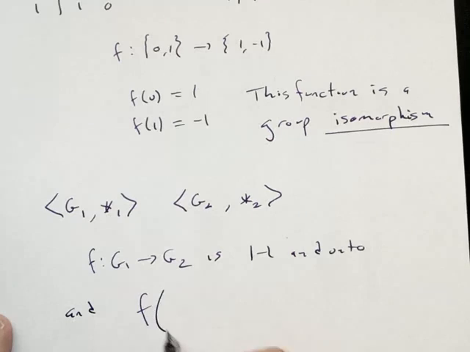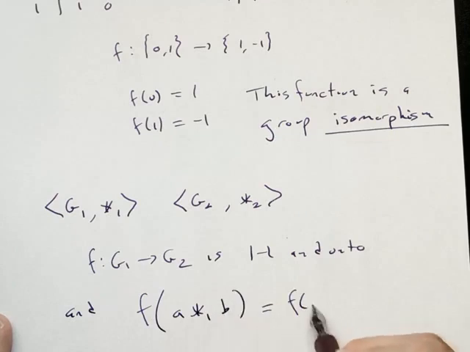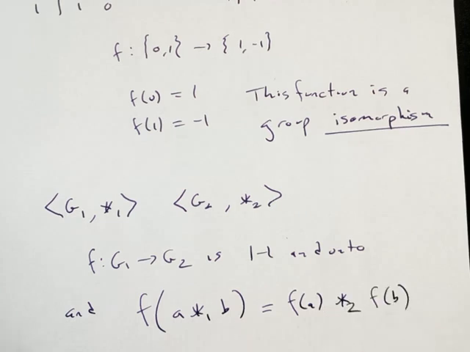So, f of a star 1 b has to be the same as f of a star 2 f of b. So the things that happen in the left group behave the same as the things that happen in the right group.